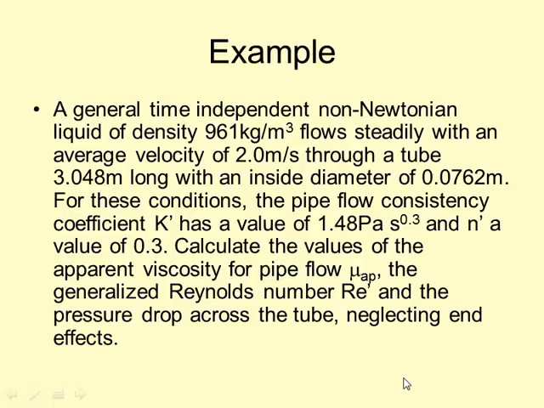The standard I told you, we can measure the flow rate. We can measure the pressure drop, and from that we can estimate the shear stress on the wall. Then we can do a curve fit to find K prime and N prime. So normally the K prime and N prime come from the experimental measurement.